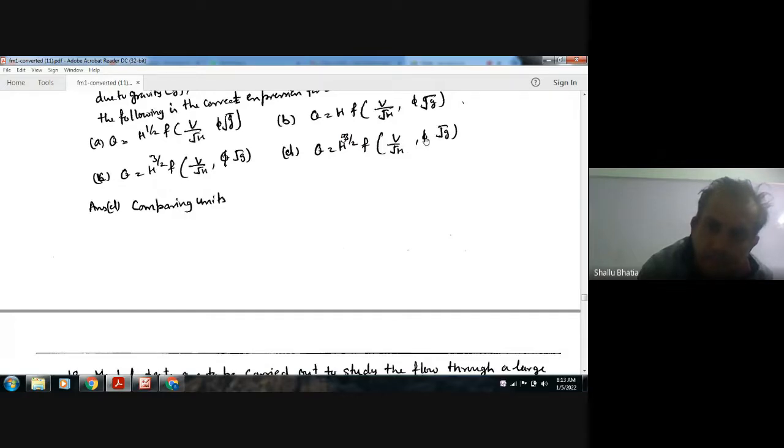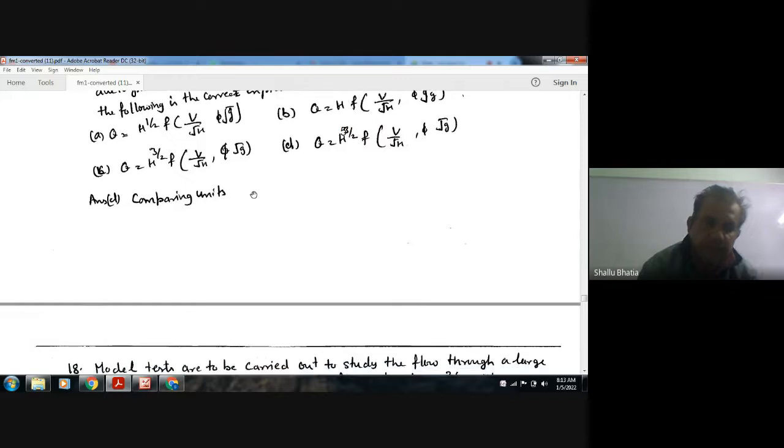The angle is unitless. So if we multiply root g with this h, then we get g as L T to the minus 2. The unit of g is meter per second squared, so root g is meter root per second. So this is your answer.